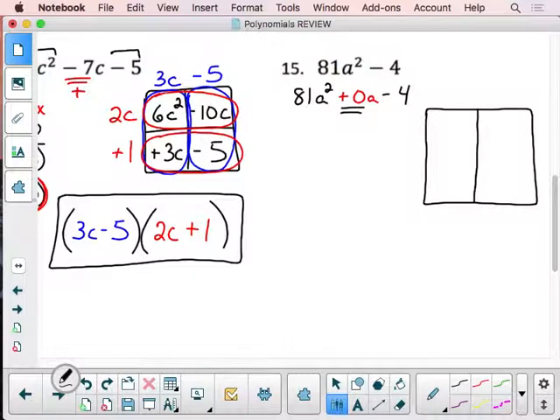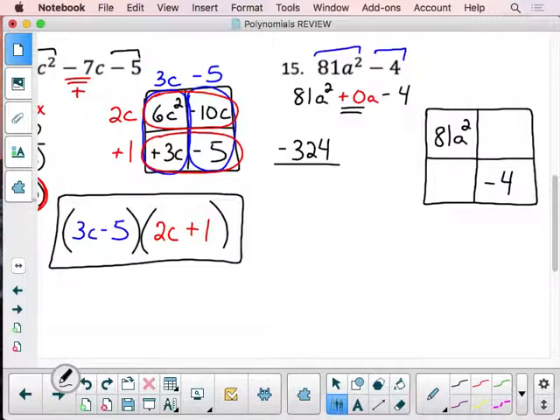So when we are multiplying here, we're going to have an 81a squared, and you're like, man, these are going to be some huge numbers. Well, yeah, they're going to be big, and the negative 4 goes down here. So the 81a squared and the minus 4 both have a place. And when we multiply 81a squared times negative 4, we get negative 324a squared.